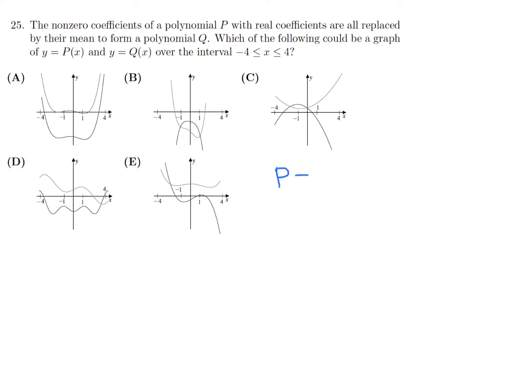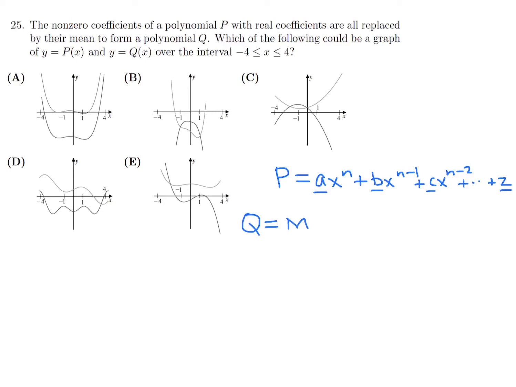So polynomials like p are of the form ax^n plus bx^(n-1) plus cx^(n-2) plus ... all the way to z. And what they're doing is creating a second polynomial where all of these coefficients, a, b, c, all the way to z, are replaced by the mean.